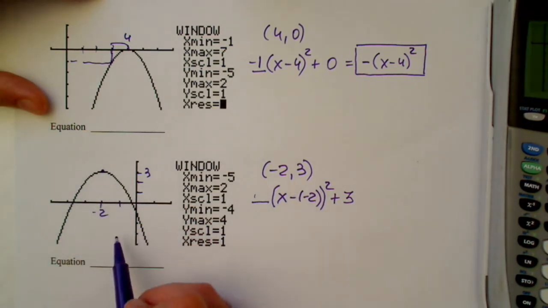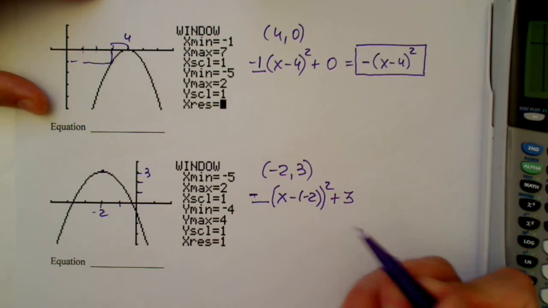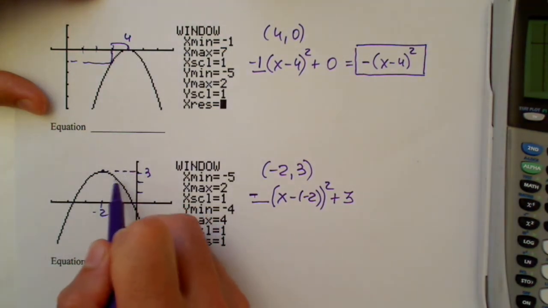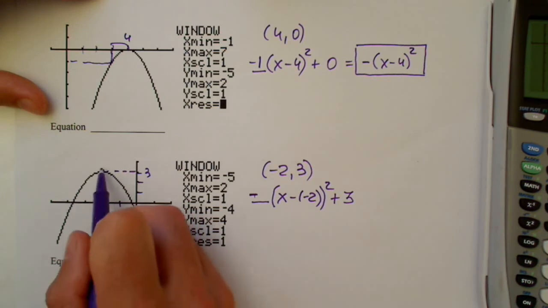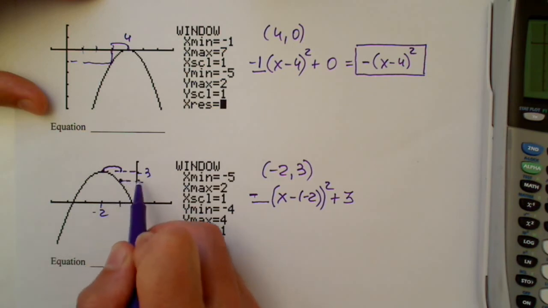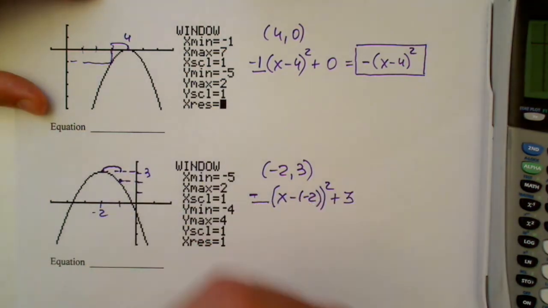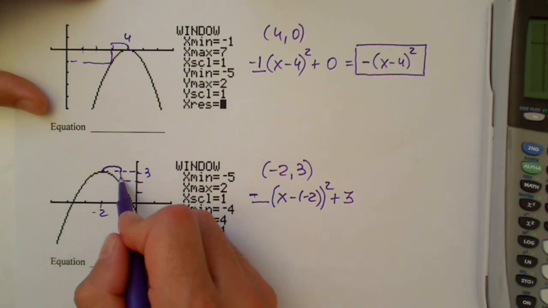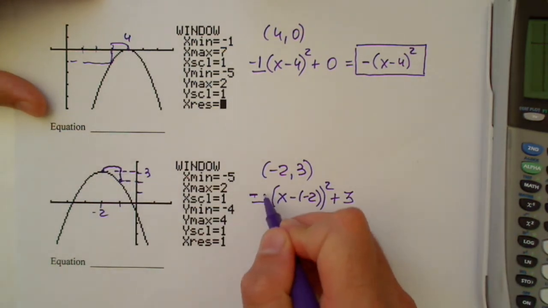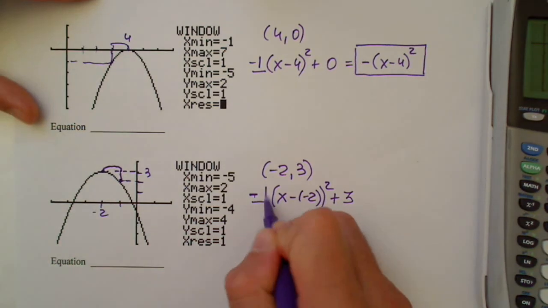It's going down, so we should put a negative sign, and check if our graph is stretched. When you go 1 unit from the vertex, there should be a change of 1 in output, and there is, so our graph wasn't stretched or compressed.